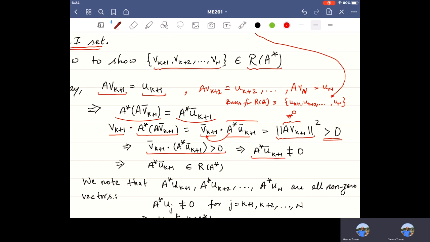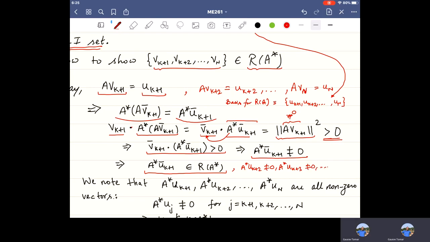That means A star u_{k+1} is not 0. That's what we have gotten, right? Where A star u_{k+1} belongs to range of A star. Now we can show the same thing for A star u_{k+2} is not equal to 0, A star u_{k+3} is not equal to 0, and so on. Correct?